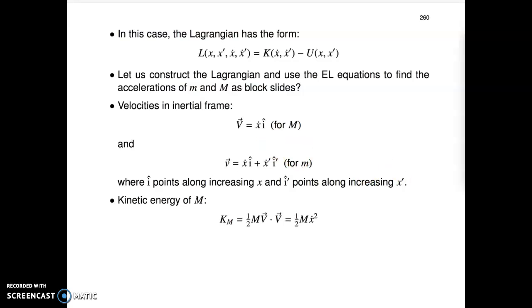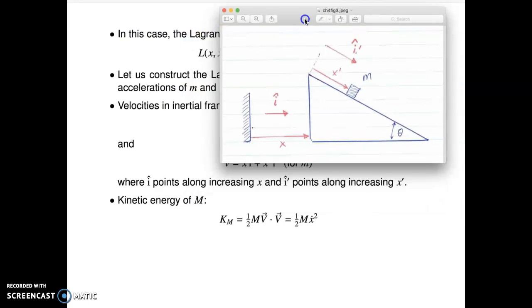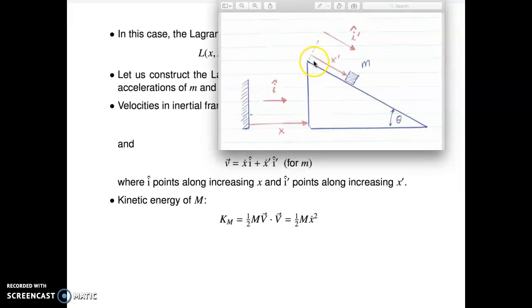So again, what this means is, you can calculate the velocity of this mass relative to the triangle, but you have to add to that the velocity of the triangle in order to get the velocity of this mass little m with respect to, for example, this wall here.